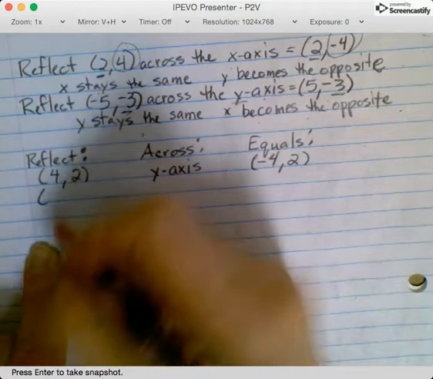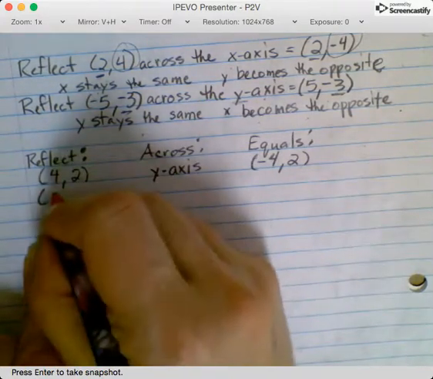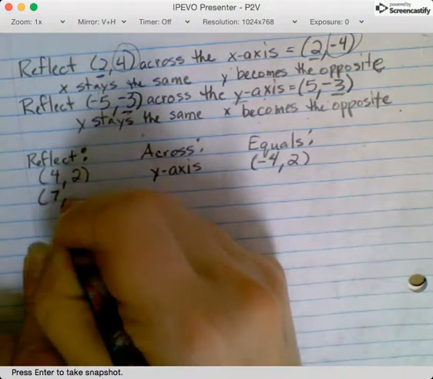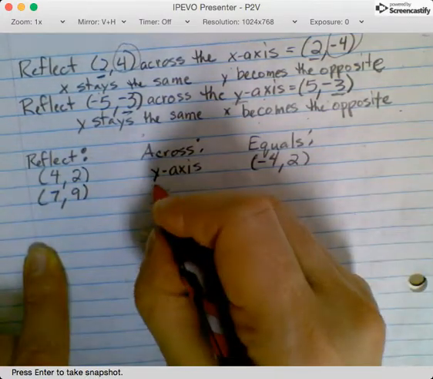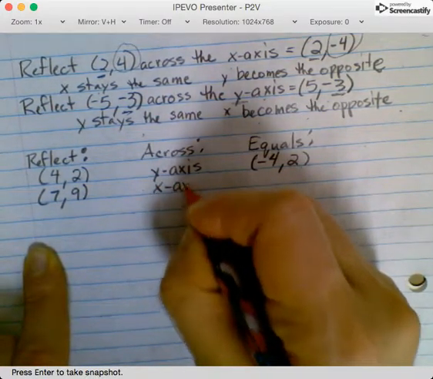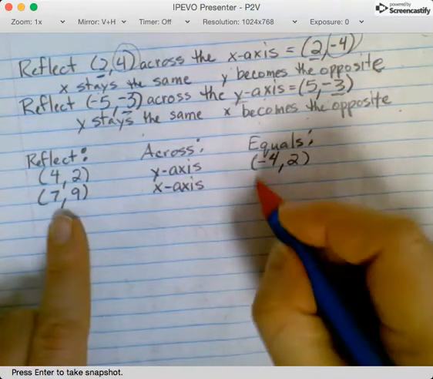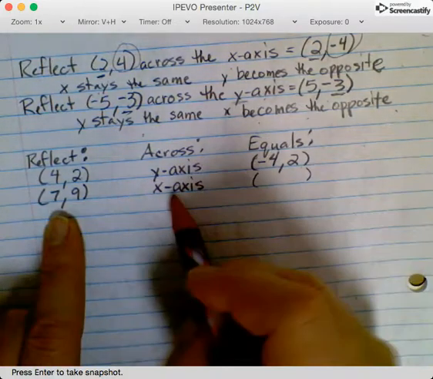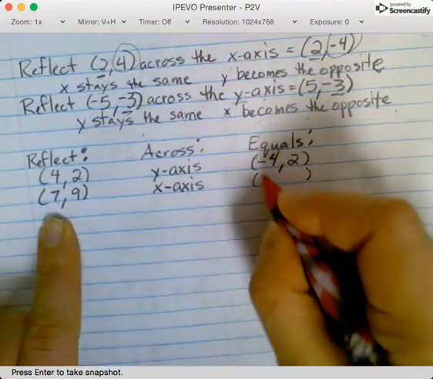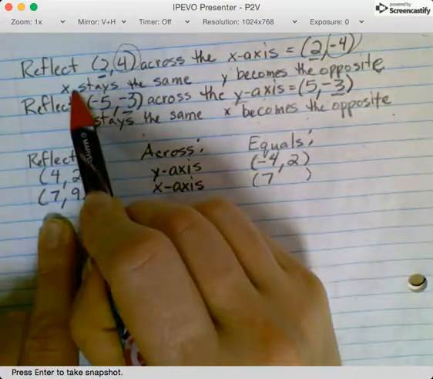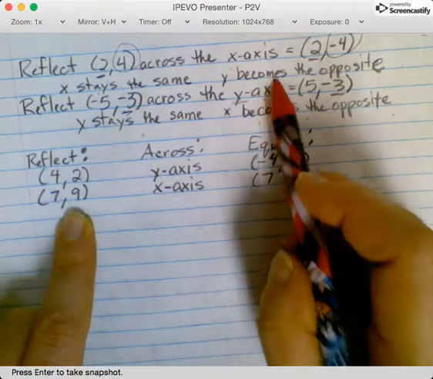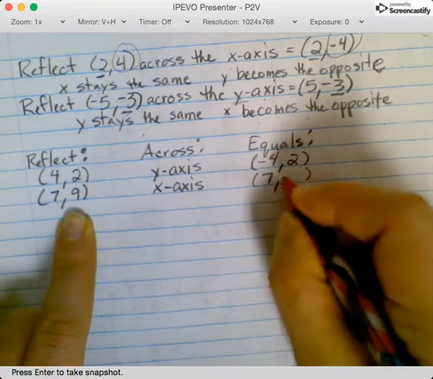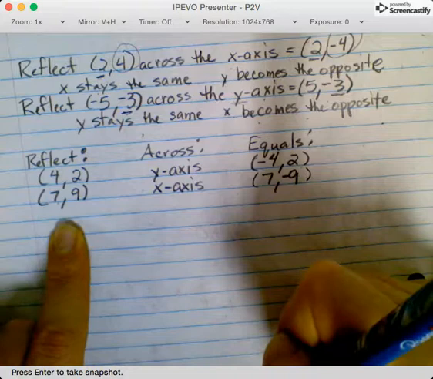Okay, let me get another number. 7, 9. And let's go across the x-axis. Okay, and so this time my x is 7, so my 7 stays the same. And my 9, my y, becomes the opposite. So instead of +9, it becomes a -9.